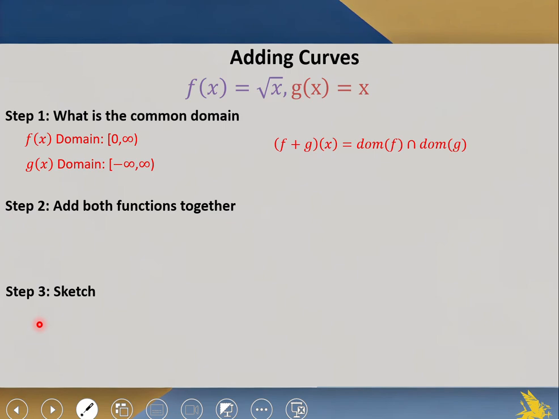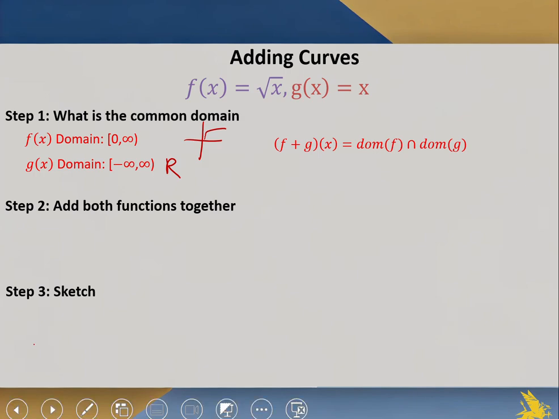We can draw a picture if we need to, but we also know that for our linear relationship the domain is going to be all real numbers. So we need negative infinity to infinity, and we know a square root function is going to be 0 all the way to positive infinity.